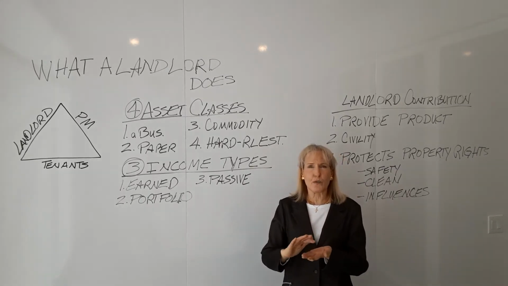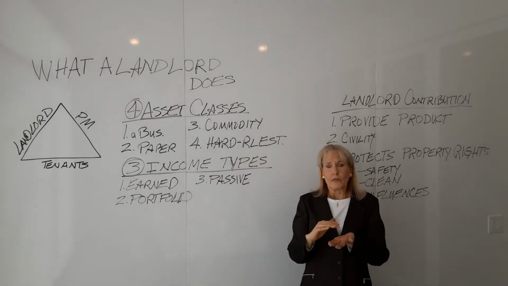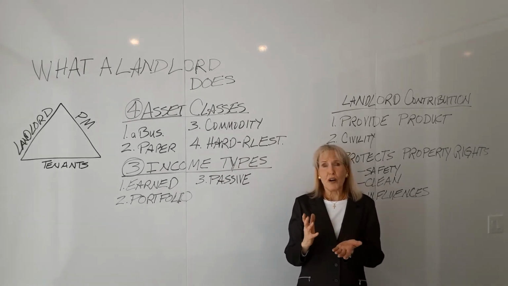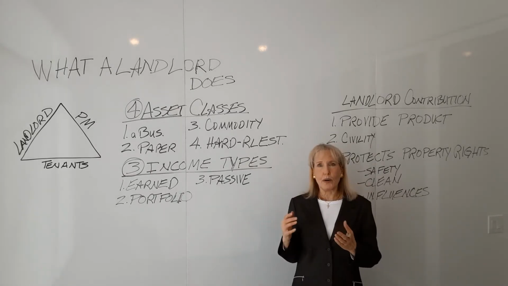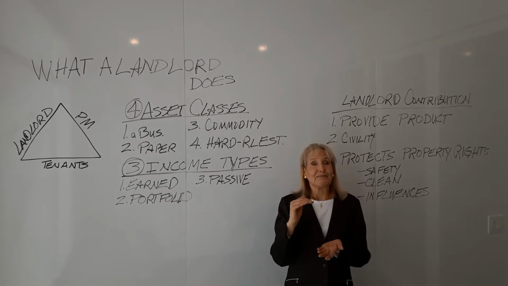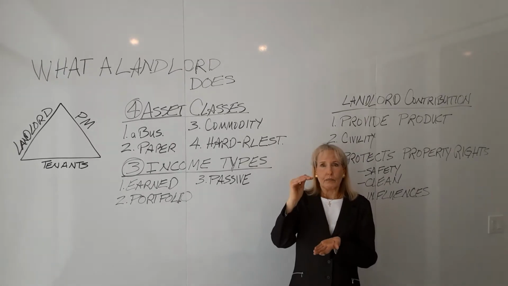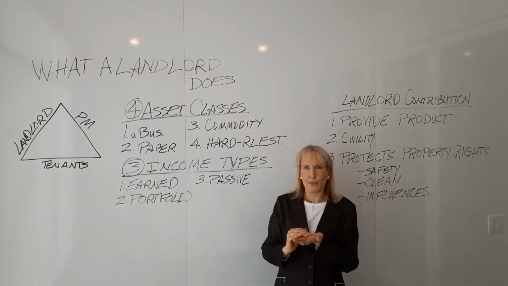The same goes for paper assets. A stock, bond, ETF will be perceived by the general public, this is supply and demand, as more valuable, so it's sold at a higher price and you have that spread, and that's where your profit is.